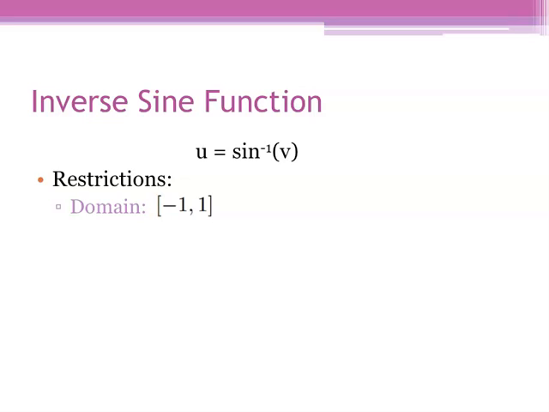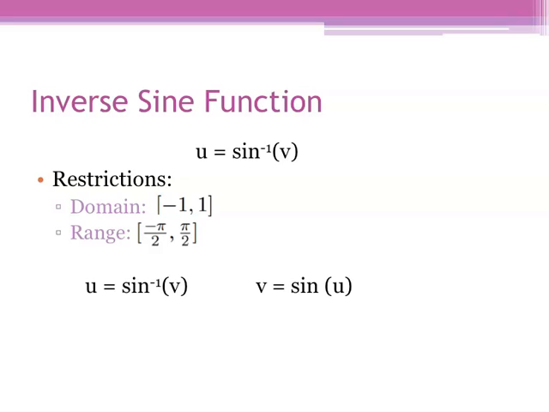The range, so the output of your inverse function, is going to have to be between -pi over 2 and pi over 2. Another way to write this, if it's helpful to see the inverse sine function next to the sine function, is that sine of u equals v is the same as u equals sine inverse of v.